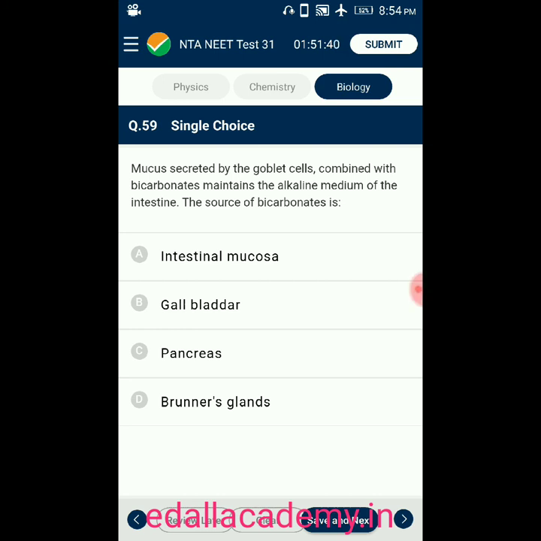This juice contains a variety of enzymes like disaccharidases, example maltase, dipeptidase, lipases, nucleosidases, etc. The mucus along with the bicarbonates from the pancreas protects the intestinal mucosa from acid as well as provides an alkaline medium, the pH range of 7.8, for enzyme activities. The answer for this question is option C, pancreas.